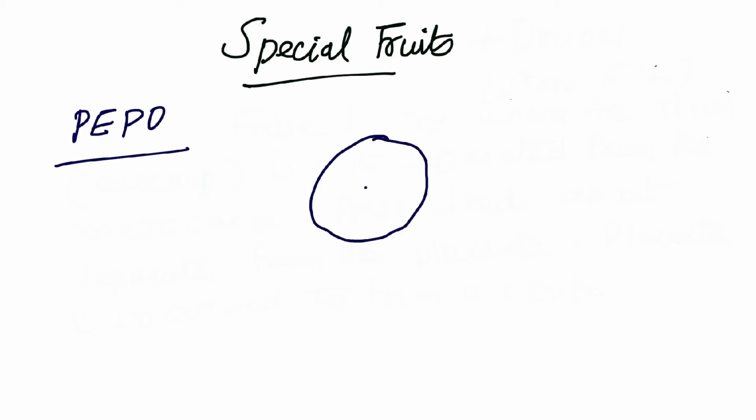Now we can have a detailed look at a standard case of Pepo, which is the cucumber. And here this diagram will help us to understand the key features of a Pepo, what each morphological part has developed into.